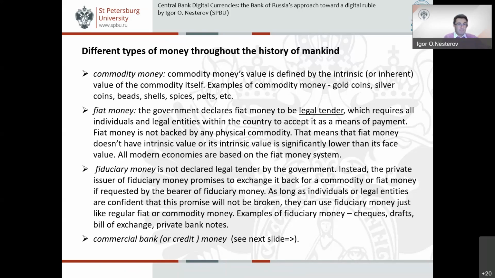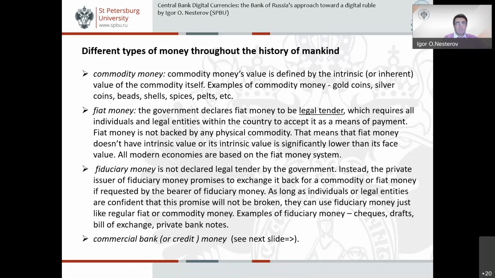But another important note for our understanding of fiat money and the central bank digital currency we are going to discuss: in any economy, the central bank is responsible and eligible for the issue of national currency that is declared to be legal tender.